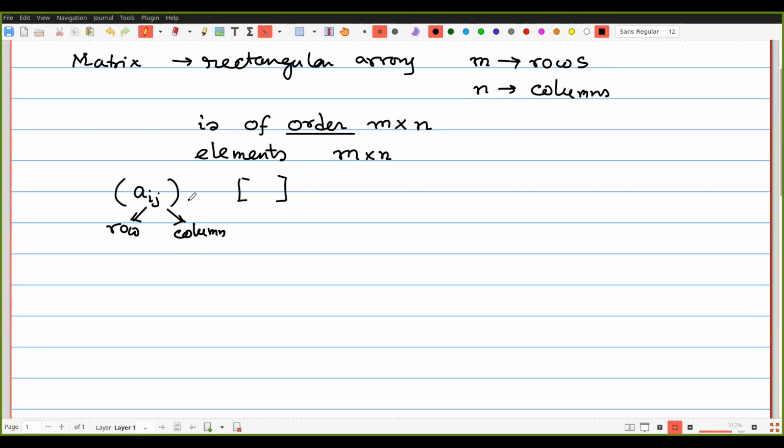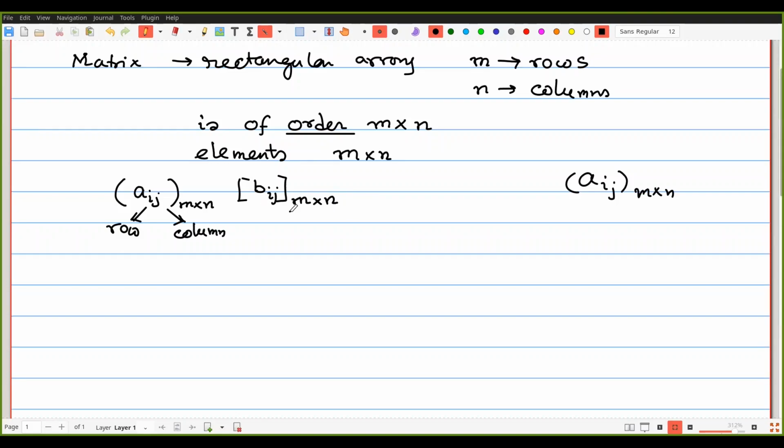Now suppose in that matrix it has m number of rows and n number of columns, then the matrix is of order m cross n. So we may also write in short form like that, a_ij using parentheses, m cross n. Or suppose we have another matrix and we are denoting it with the element b_ij. It also has order m cross n.